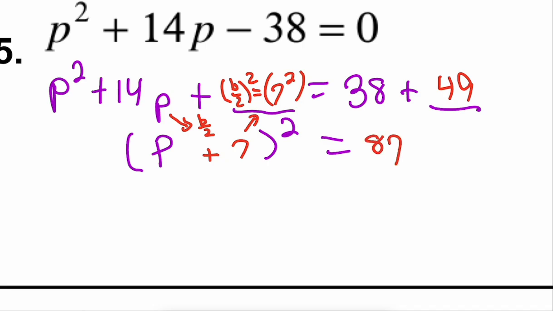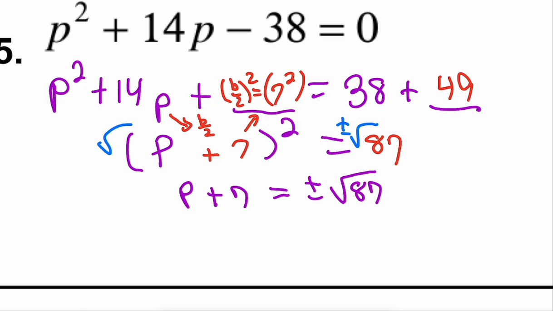And so now the next step said that you can solve it, but don't forget your plus or minus. So the thing that's going to get rid of our square is a square root, but put that plus or minus on the numerical side. So we get at this point that our quantity p plus 7 is plus or minus the square root of 87.